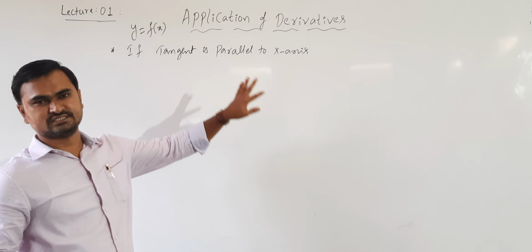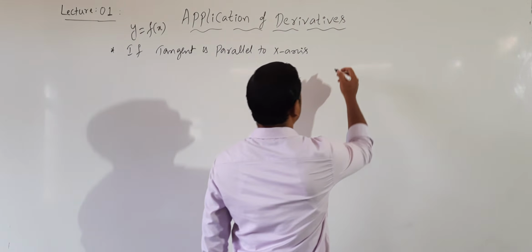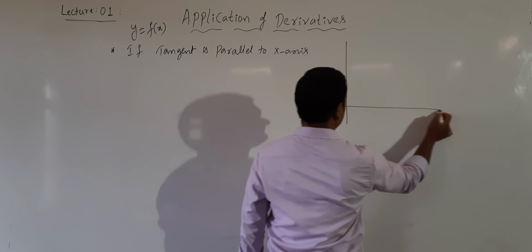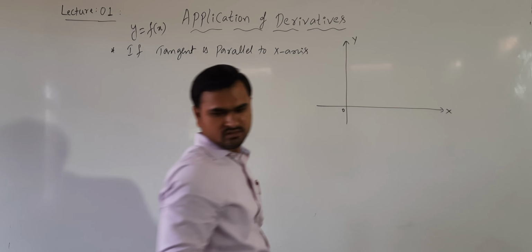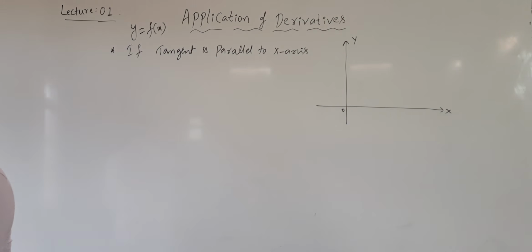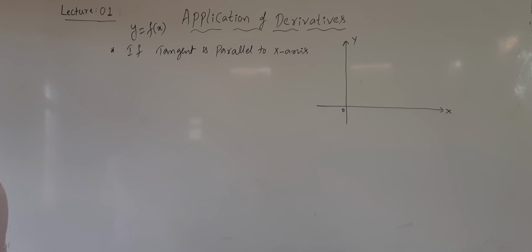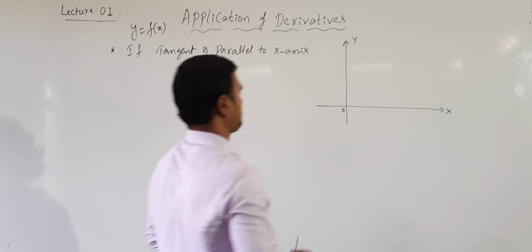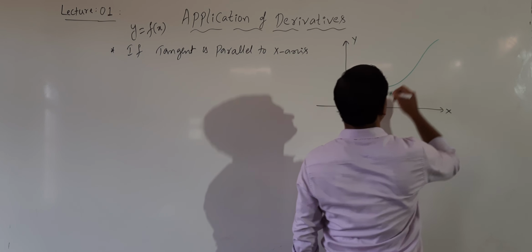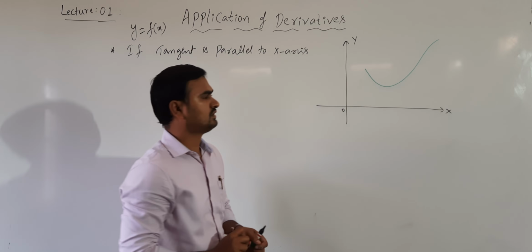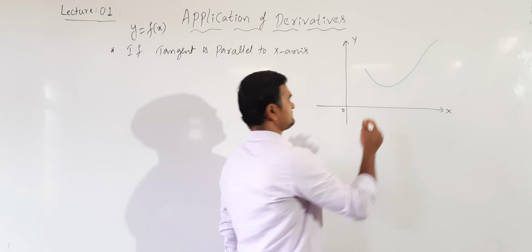or the tangent is horizontal? So you can see diagrammatically. Suppose the curve is like this, y equal to f of x.